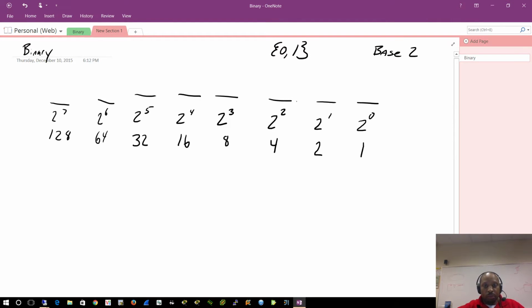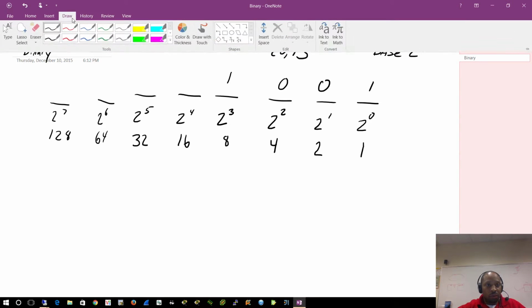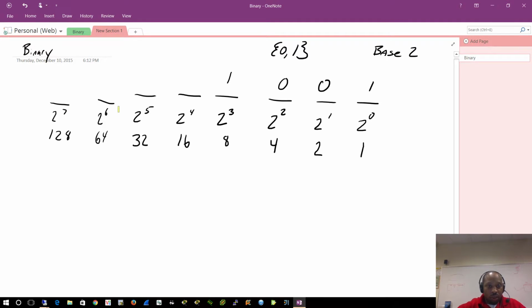So let's write a number: 1, 0, 0, 1. And we want to know, what is this number in decimal? Well, lucky for us, we have the decimal equivalent down here. Let me highlight these just in case you forget. So here are the decimal equivalents.